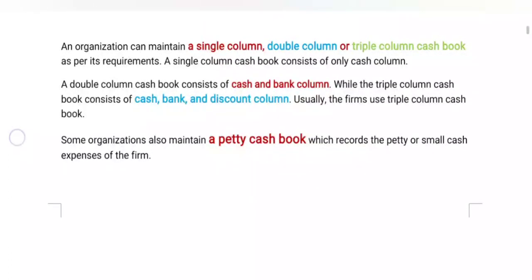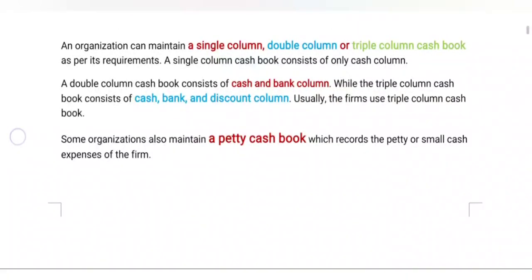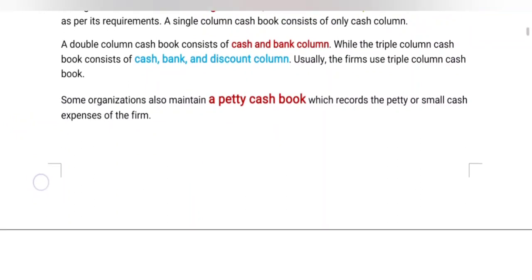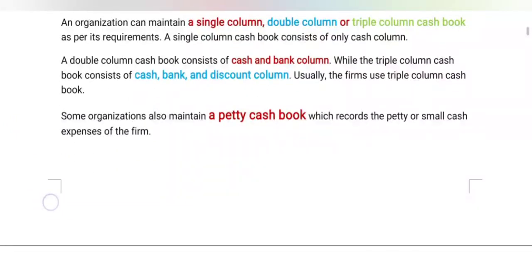A company that deals with both bank and cash prepares cash and bank columns. Nowadays every company prepares a triple column cash book, because every company gives discounts and deals with banks. It is a very important cash book.